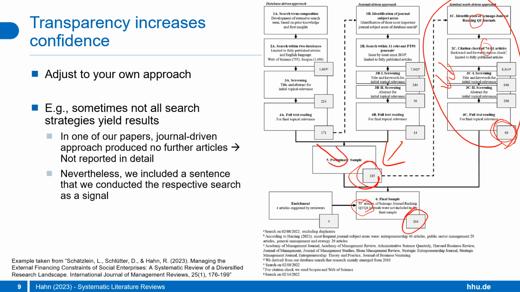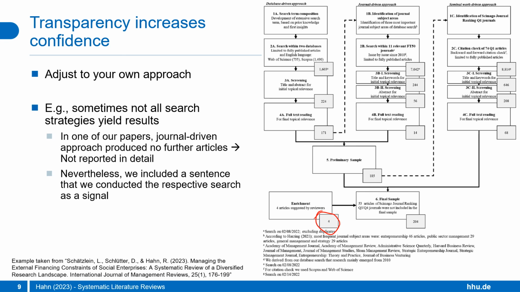We wanted to make this cutoff, make it a bit more approachable, and also get rid of some of the most questionable journals, of which we were not really confident that they had significant quality. So that was the 204, including, however, 4 articles that were suggested to us by reviewers, which we didn't get through these three search approaches: database, journal, and seminal work-driven approach.